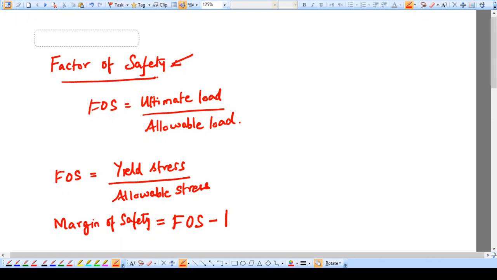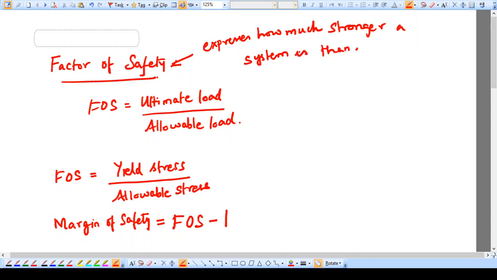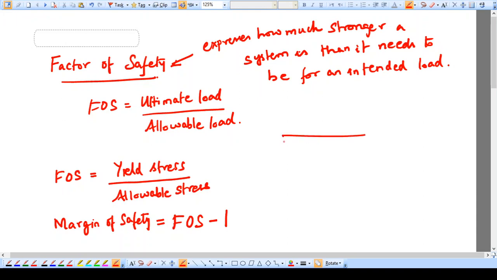This factor of safety expresses how much stronger a system is than it needs to be for an intended load. Consider a structural member like this.